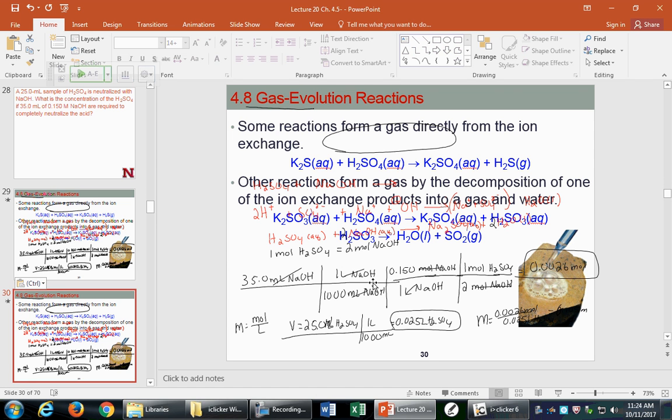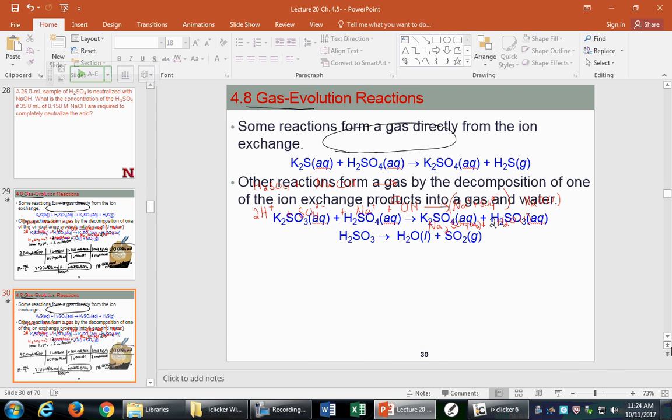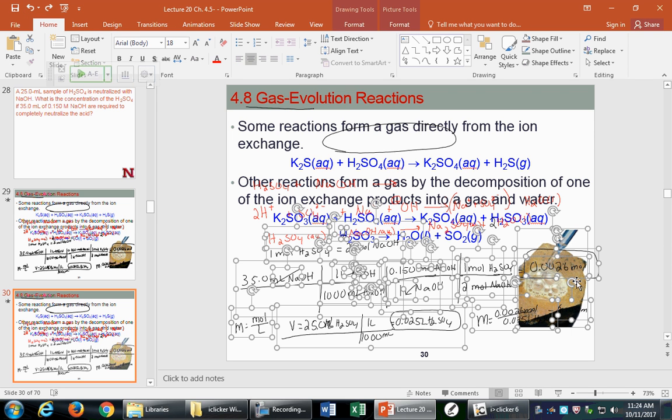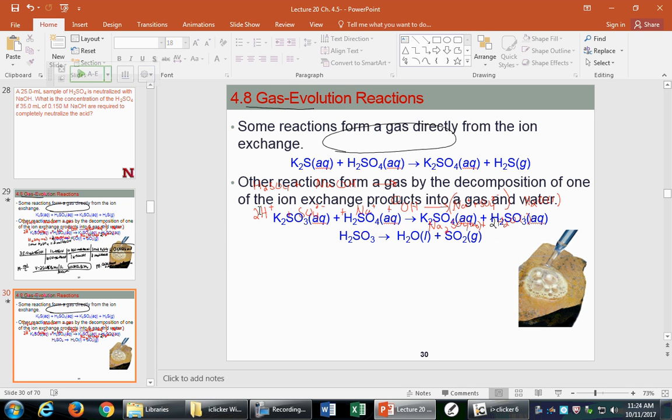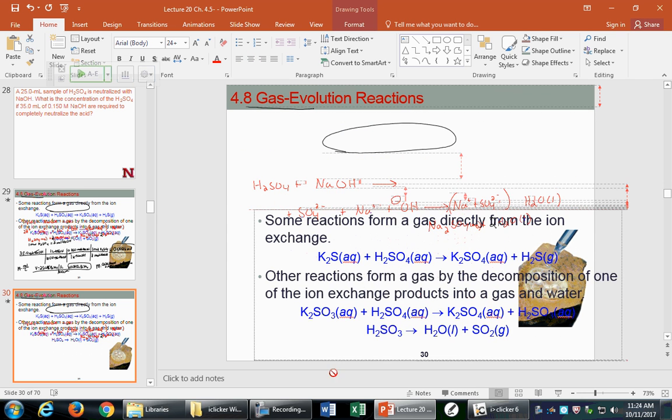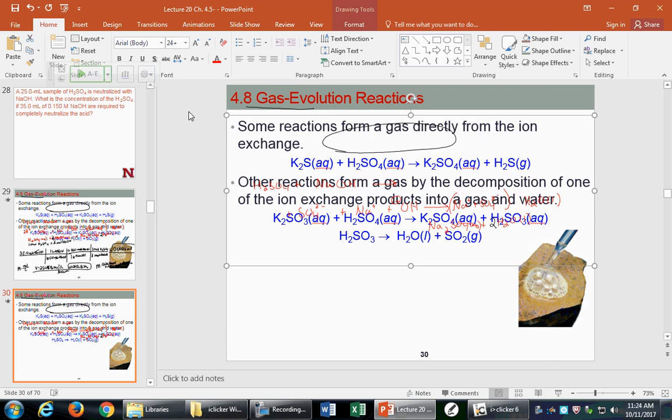the next thing. Like I said, we haven't talked about a gas evolution equation, so now we're going to look at an example of equations that give other things besides solids or our acid-base reactions. But first, let me erase this stupid writing.